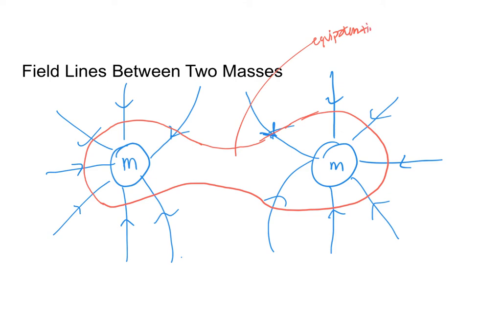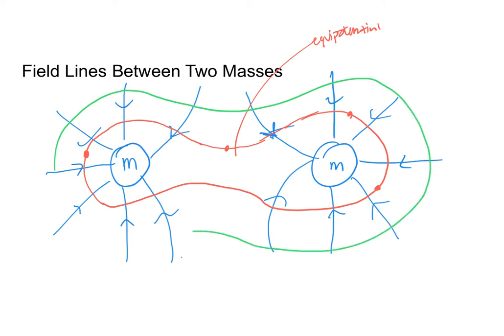If I take a mass that's at one point on the curve, I can move it to any other point along this equipotential surface, and it will require no work to be done. I could draw another equipotential surface like so, and I could continue drawing equipotential surfaces at increasing distances from my mass.